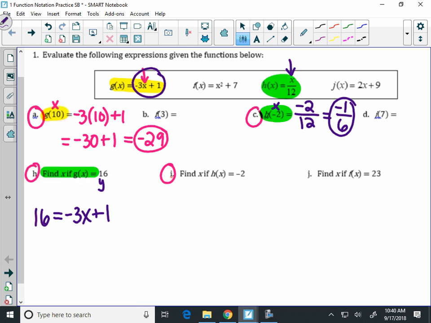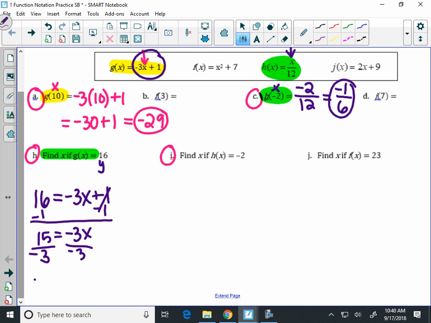Then you're going to solve that equation for x. So you'll subtract 1 from both sides and get 15 equals negative 3x, and divide by negative 3. You end up with negative 5 equal to x.